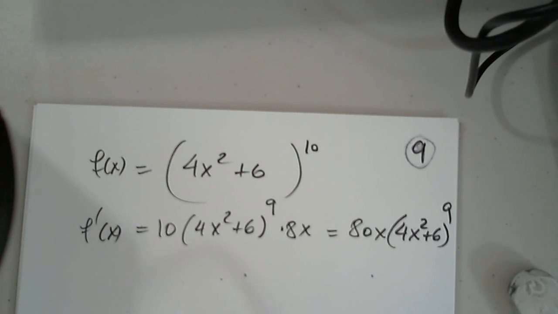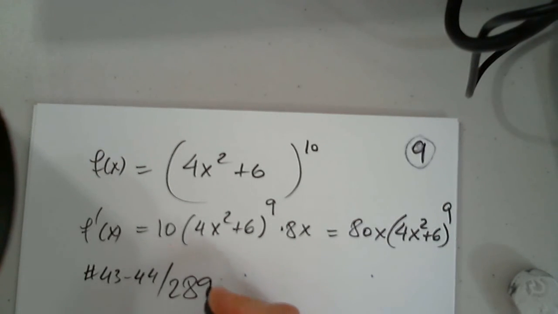On page 289, let's maximize profit or minimize cost, like 43 or 44. You choose. Page 289. 43. Very good, 43.